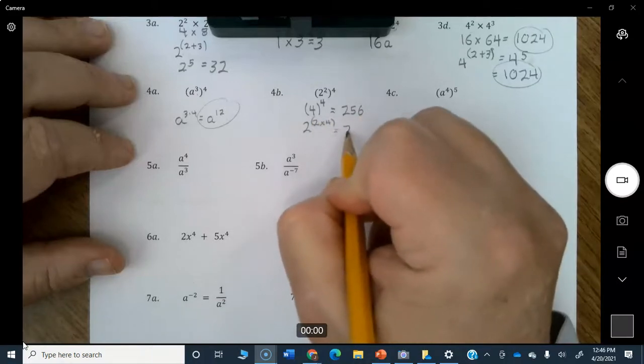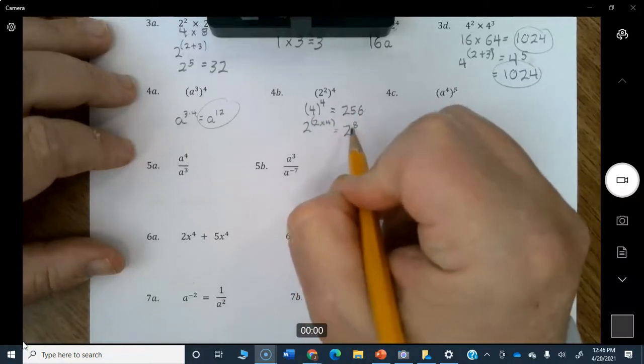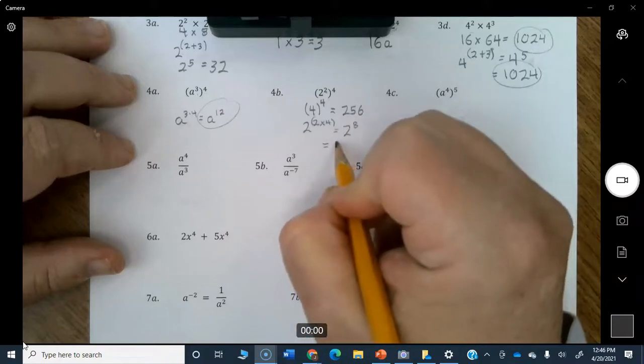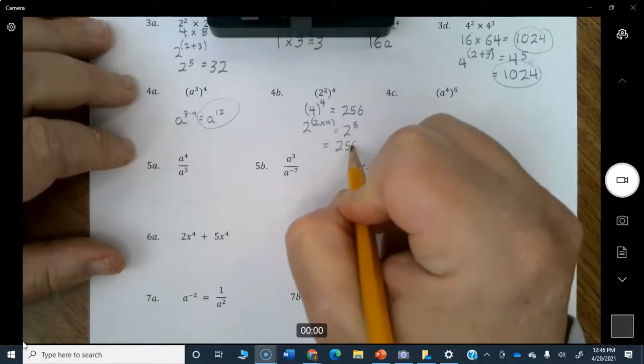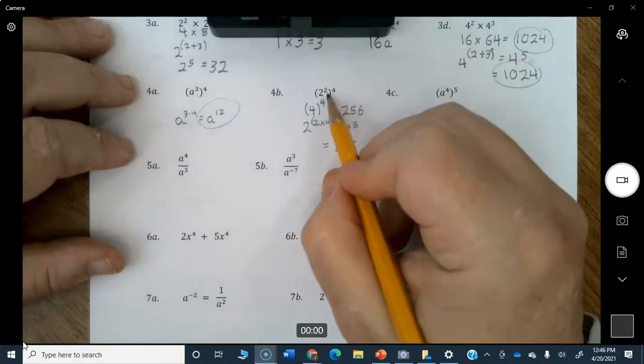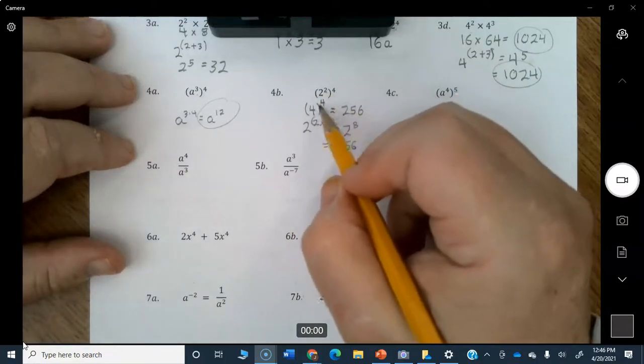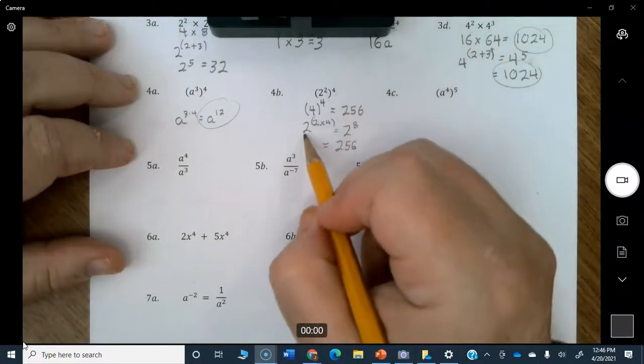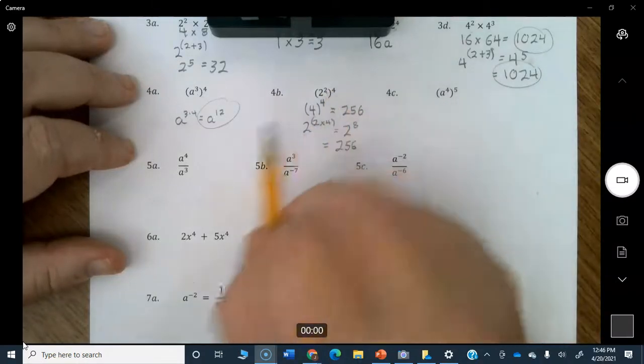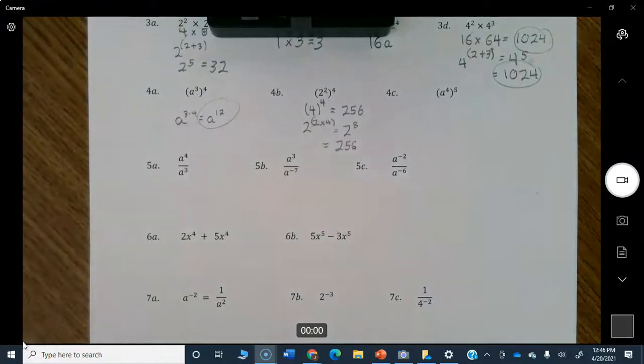Well, that would equal 2 to the 8th. And if you go to your calculator and punch that in, you'll also get 256. So in other words, raising 2 to this power and then taking that number, 4, and raising it to this power will give you a number that's the same as 2 raised to these two numbers multiplied together, 2 times 4.